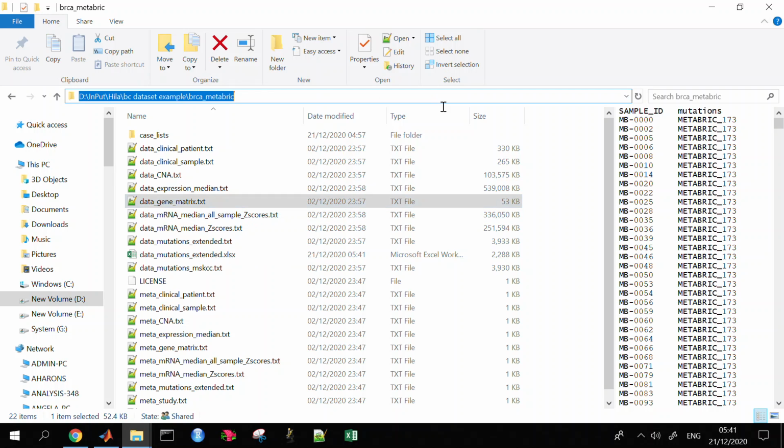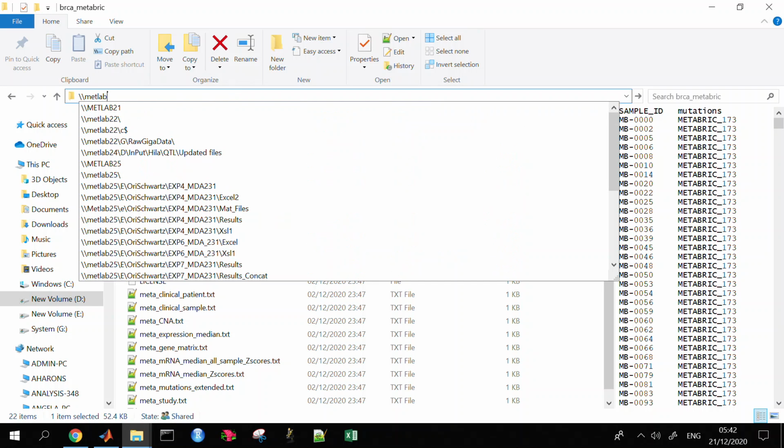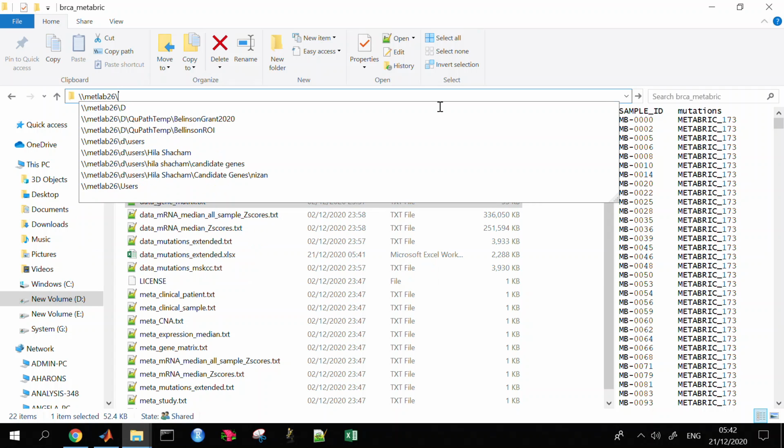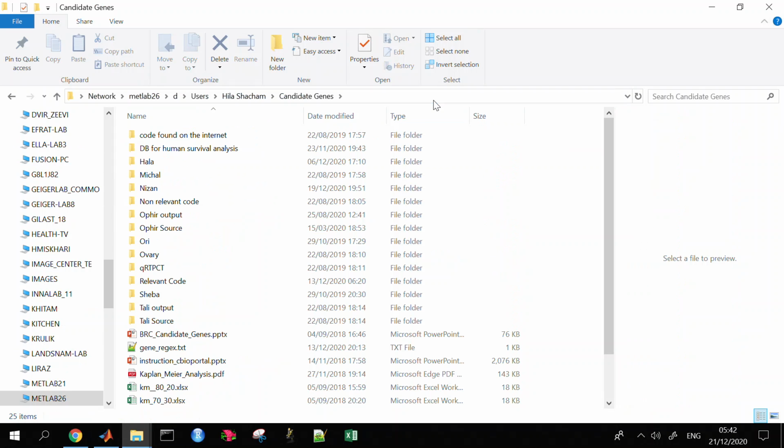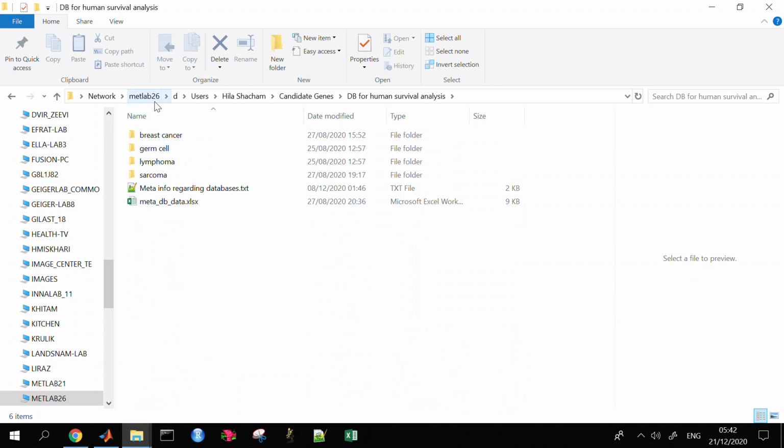And also, you might not need to actually find new data sets because we already have data sets that we downloaded in the lab. And the code points to these data sets. These data sets are found in the lab's shared drive, under candidate genes, and DB for your human analysis.